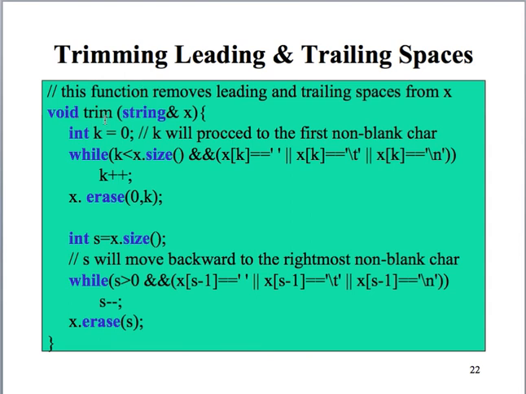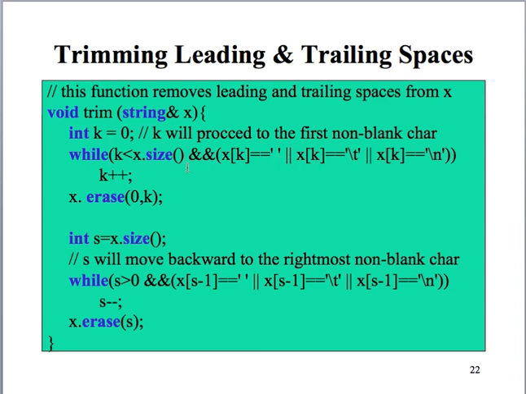So I'm getting in a string from whoever calls this function, and I'm going to refer to it as x inside here, and then I need an integer counter. And so this first loop says, while k is less than x.size, so this loop is going to continue while I haven't reached the end of the string, and the value that I'm currently looking at, k, which starts at 0, is equal to a space or a tab or a new line.